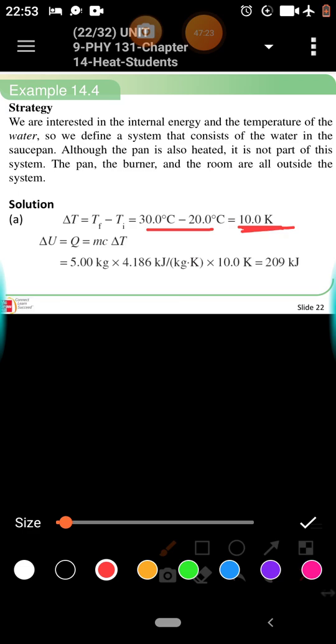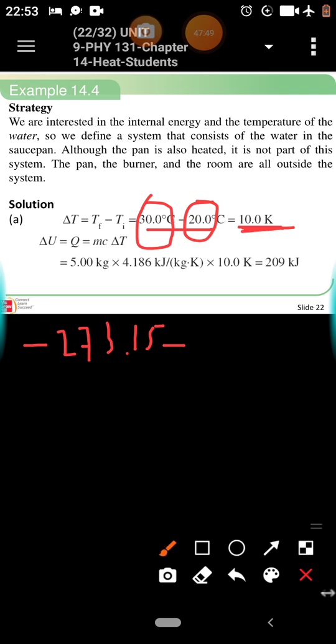When you get 10 Kelvin, you just need to convert this and this. Because you want Kelvin, we need to add 273.15 instead of subtracting.